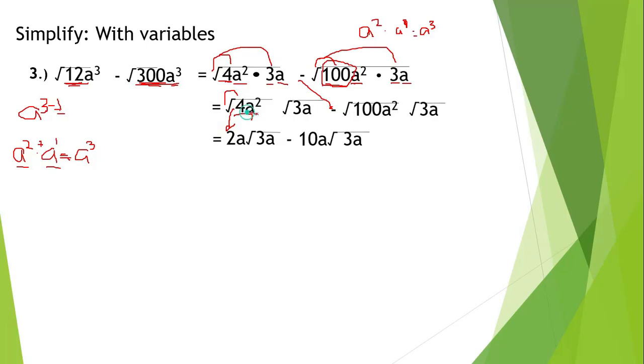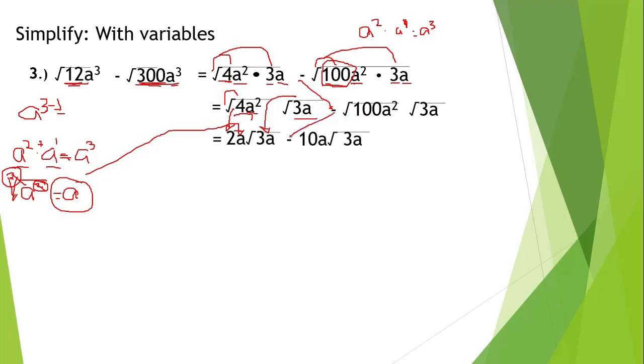And the square root of a squared equals a, since the index of the radical and the exponent are the same, then we can just cancel them, and a is what remains. Then copy the expression, which is square root of 3a. Why do we just copy? Because this one is already in its simplest form.